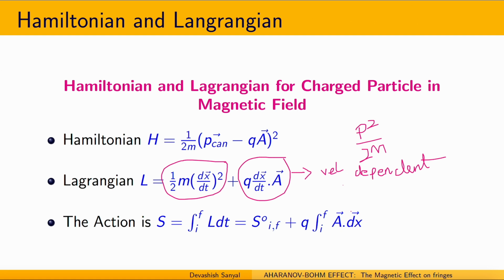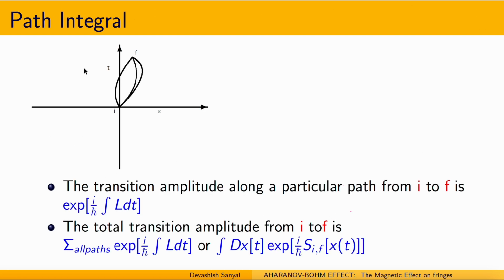And our next slide is path integral. So now we know what the Hamiltonian and the Lagrangian of a free particle are, and how to find the action for a particle. We know the Lagrangian and the Hamiltonian for a particle in a magnetic field, and we know how to find the action also for such a particle.